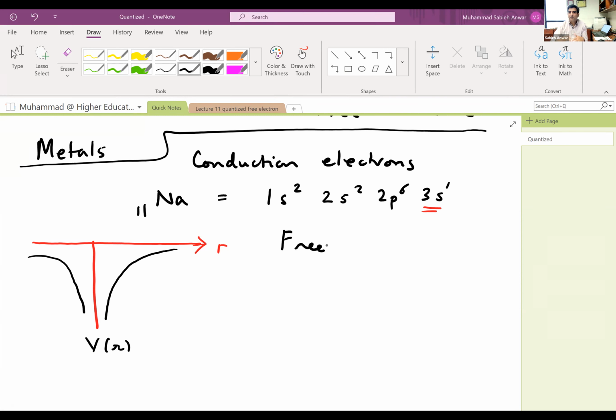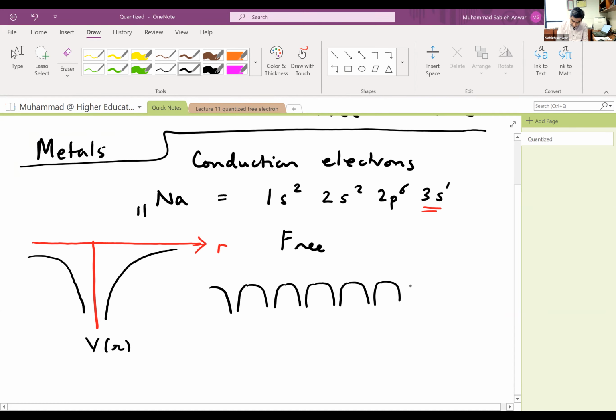So we get a sea of electrons, and these electrons see these potentials which exist at the fixed sites of the positively charged cores, and the separation between these ions is a. For example, a is the lattice spacing. So the electrons now see this corrugation, this periodic arrangement of potentials.